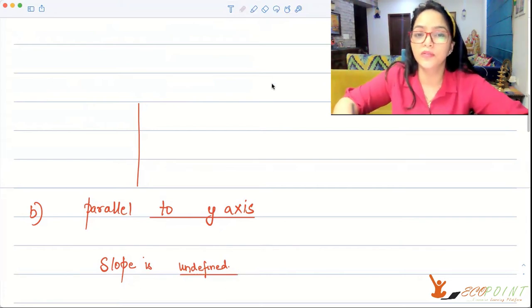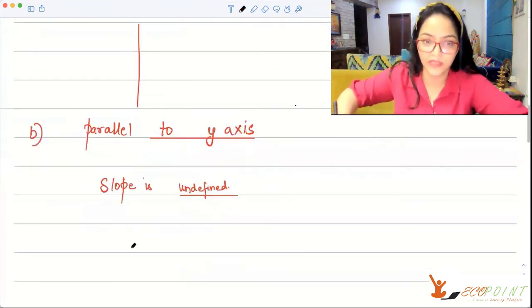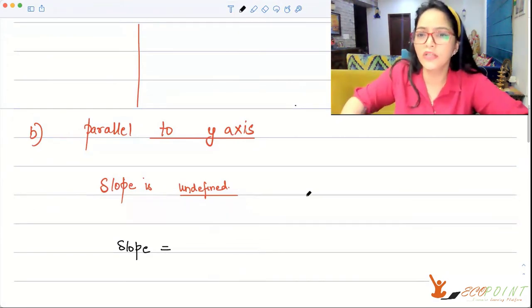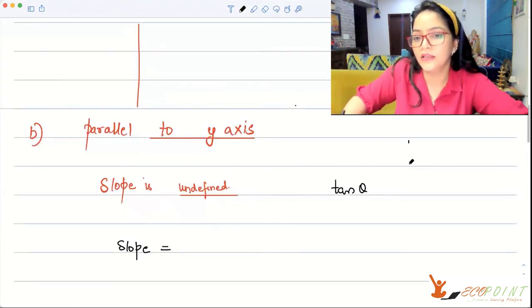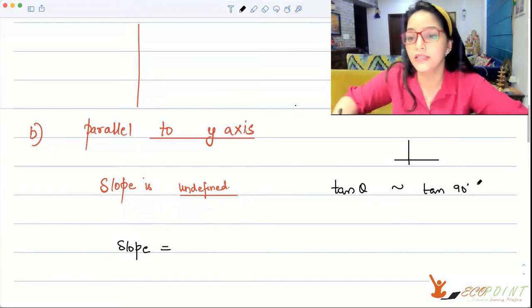So since the slope is undefined, what can we say in this question? You can also think in terms of the slope of a line being tan theta, right? So tan theta, and when it's a vertical line, theta is 90. So tan 90. There are different ways of thinking about it. So tan 90 is infinity.